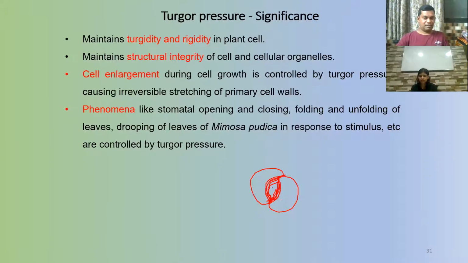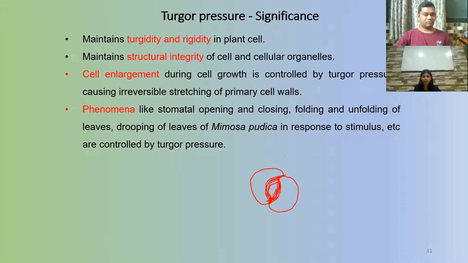The opening in between them is called a stoma. The plural is stomata. We will see in detail in the transpiration part of the lesson again. But for now, understand that these pores present on the surface of the leaf are responsible for the exchange of gases.